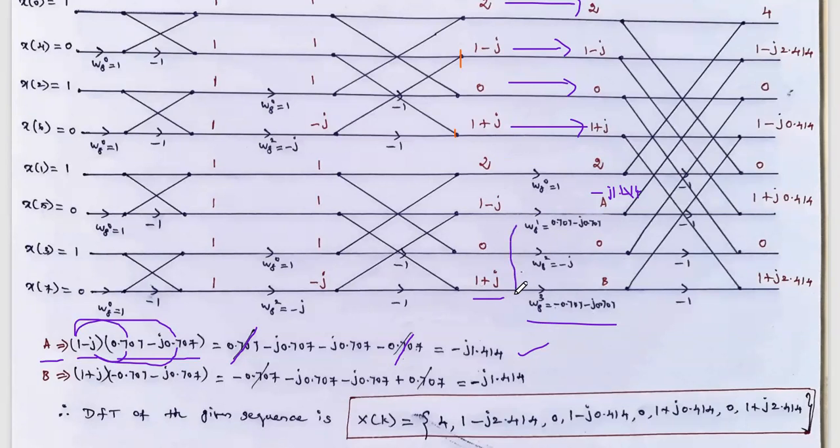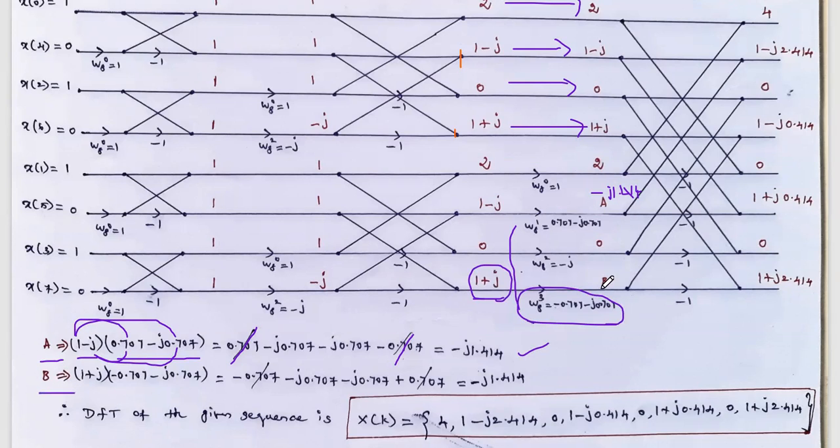You see the difference between W8 power 1 and W8 power 3. W8 power 1 is 0.707 minus j 0.707, and W8 power 3 is minus 0.707 minus j 0.707. So the real part is changed. The multiplication of this 1 plus j with W8 power 3, you calculate separately.